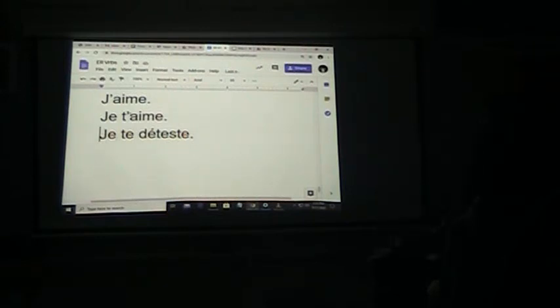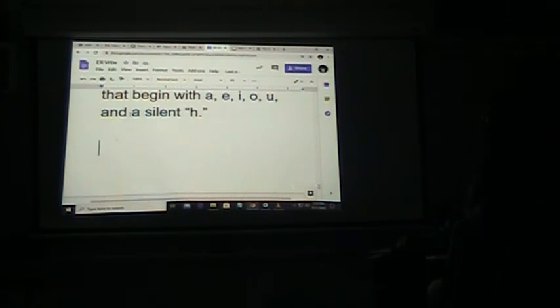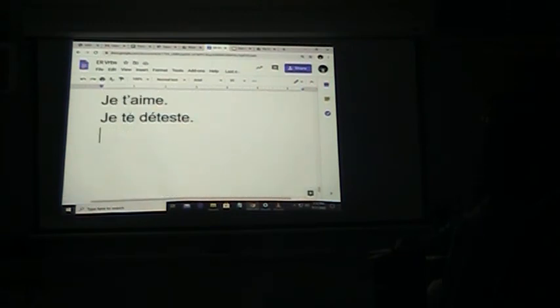The removal of the E up here, everybody, just for your own knowledge to write down, is called elision. Elision, which means removal. Okay? That's the removal of the E. Okay?